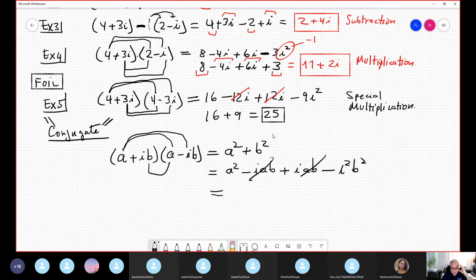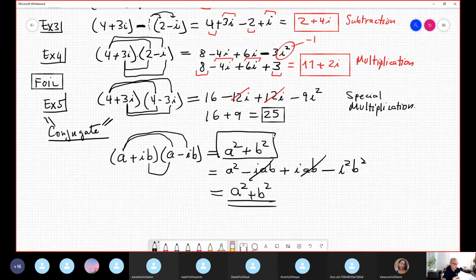And the answer is a squared, and remember to replace i squared with negative 1, plus b squared. This is exactly the same thing as the formula. Suppose you don't like the formula, no problem. You do it by FOIL, and you get the same result.